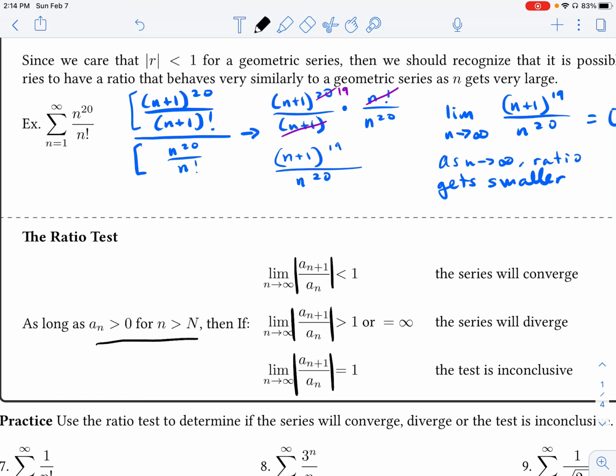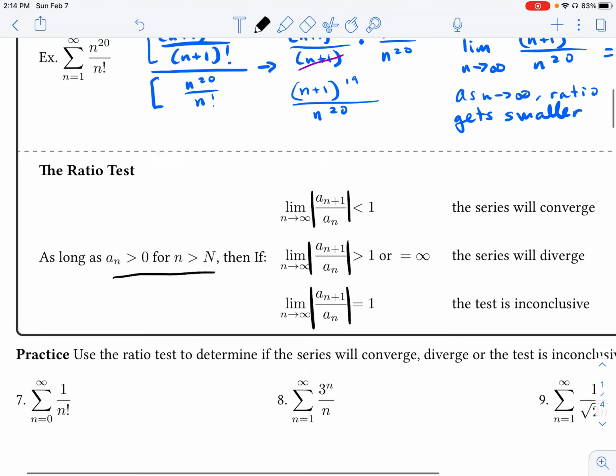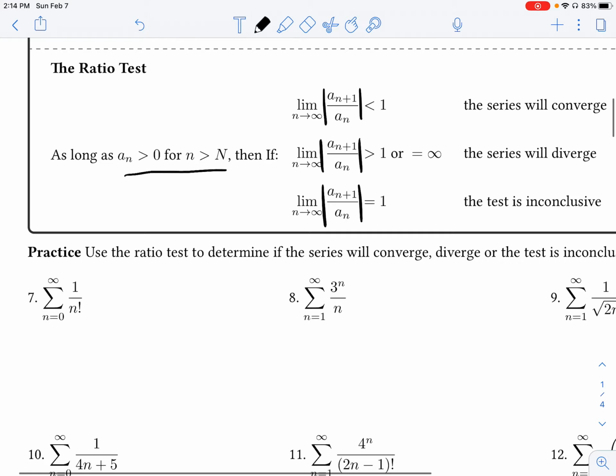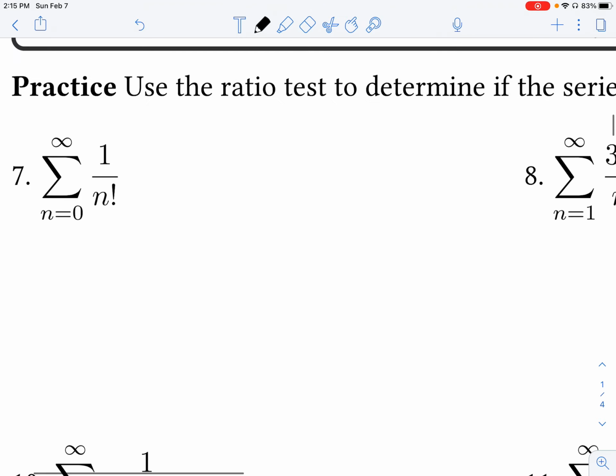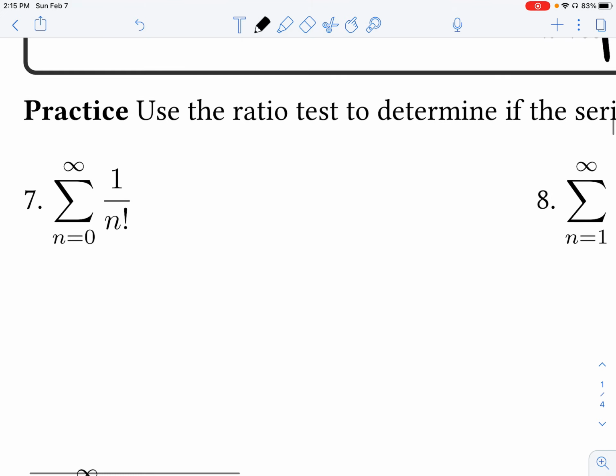So I want to do a few examples, and hopefully that'll give you a good sense of how this test works. So let's start with this one, number 7 here. We're going to look at using the ratio test to see if this series converges, diverges, or if we can just say that the test is inconclusive. So let's look at the limit of the ratio of this series. I'm going to rewrite this as such. Let's look at the limit as n approaches infinity of the absolute value of this ratio.